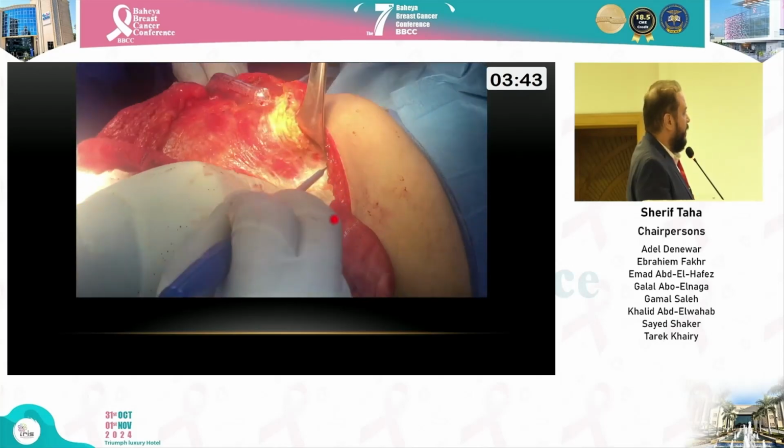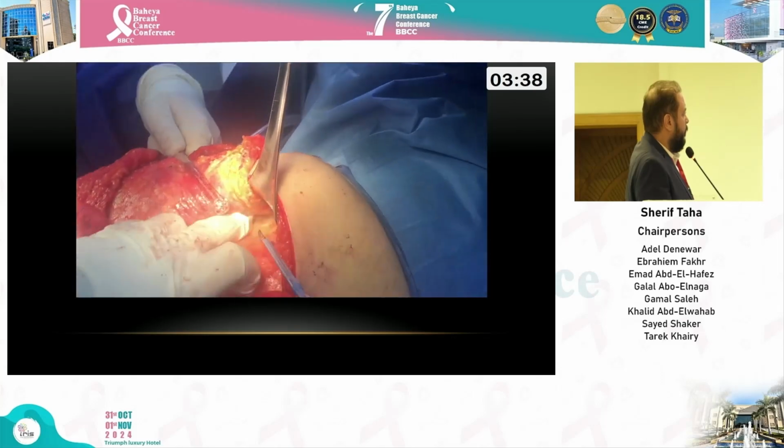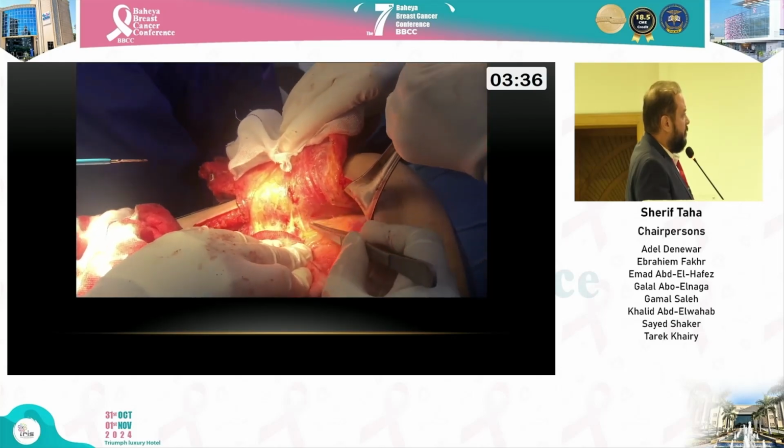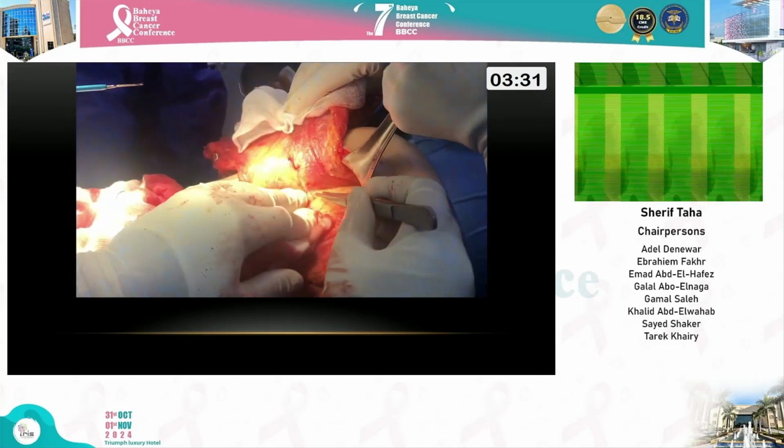Here the pedicle is dissected. Again, the landmark is the serratus branch, which we can see here. I think you can see.